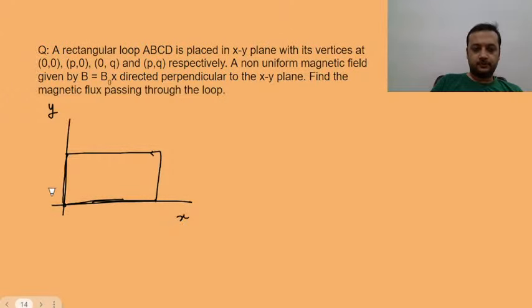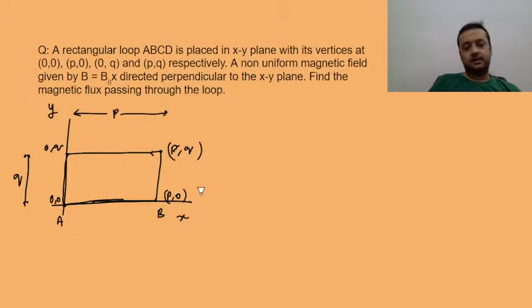This is 0 comma 0, let's call this A, and this B. The coordinate of this is P comma 0, this is 0 comma Q, and this will be P comma Q. So the length along the x-axis is P, and this length is Q.